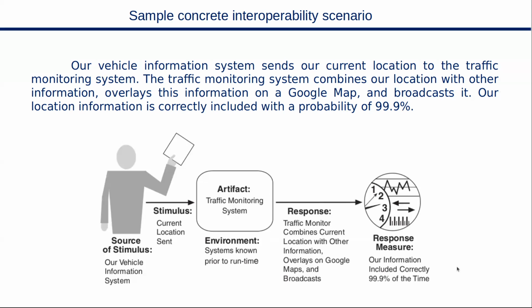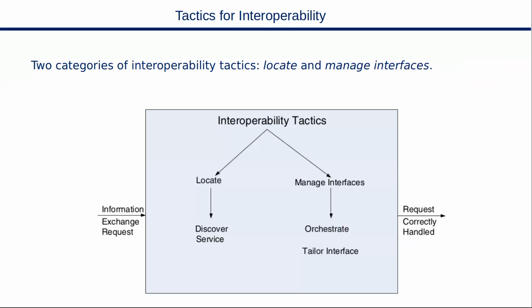Now let's take a look at what kind of tactics we can use to satisfy this quality attribute. Let me quickly remind you that tactics in general are like a bridge between quality attributes and the patterns that you will work with or choose, because sometimes patterns can combine different quality attributes.